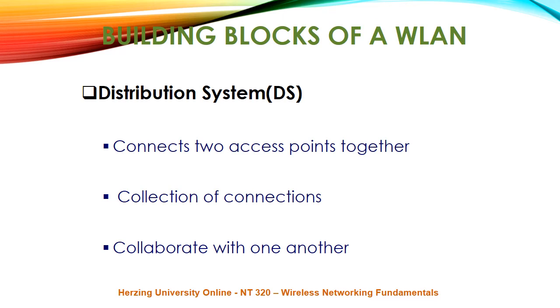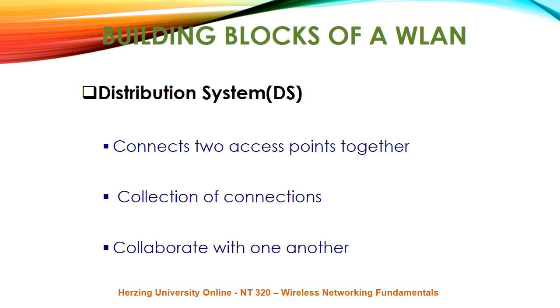Now let's take a look at the distribution service. A distribution system medium connects two access points together, usually on the wired side. Now we can have a wireless distribution system, but they are rare unless it is a mesh BSS that we use for that purpose.